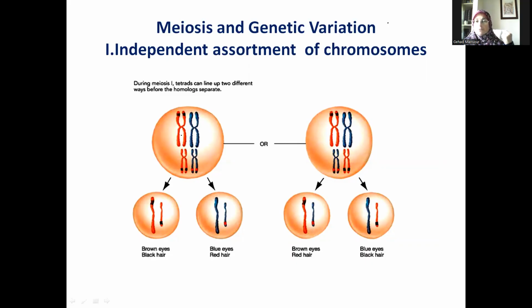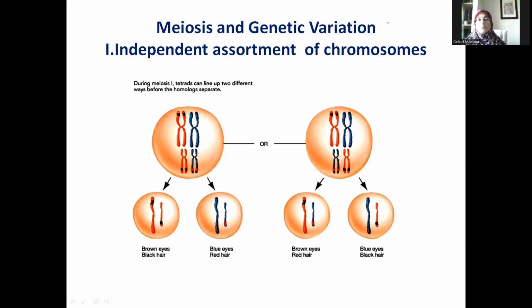This is what I was just explaining: if you look at more than one pair of chromosomes at the same time, you can understand why it is important to consider the assortment of the chromosomes. Are they arranged like this, with the black one on this side and the blue one on that side, or are they arranged like this? If you consider one pair only, it wouldn't make any difference. But if you consider a set of chromosomes, it would make a difference.